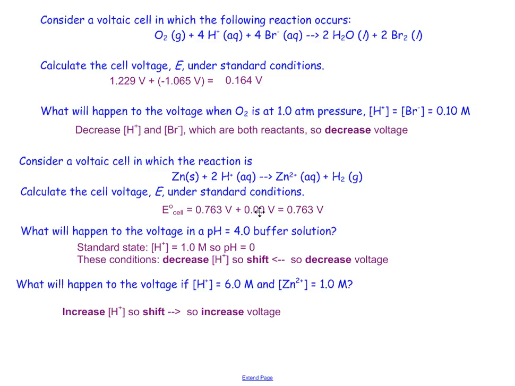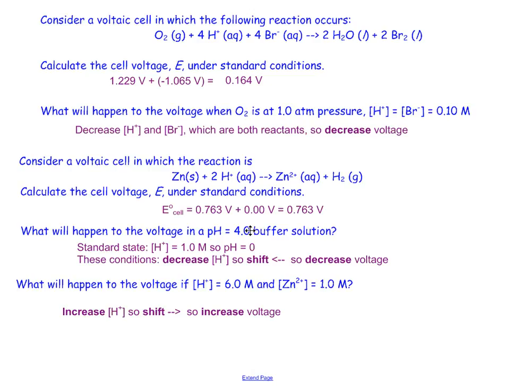With the second one, zinc was pretty easy to find. That one was oxidized, so we had to switch its number. Hydrogen was reduced. pH 4 buffer. You have to think a little bit. Standard state is 1 molar, so pH is 0. If pH is 4, H plus is 1 times 10 to the negative 4th.